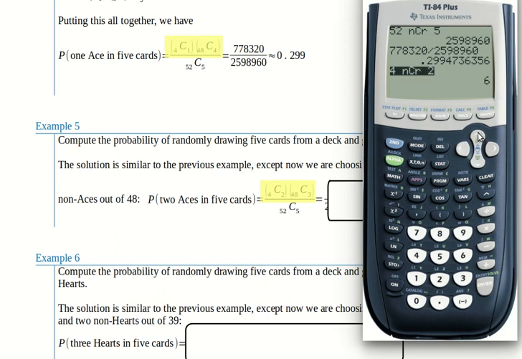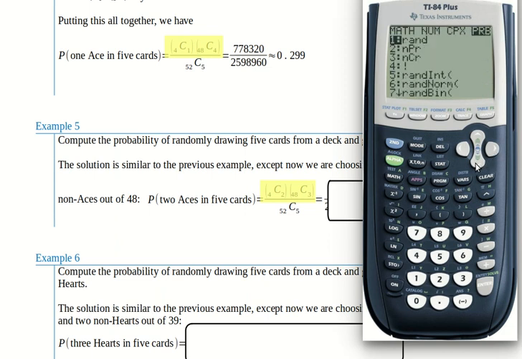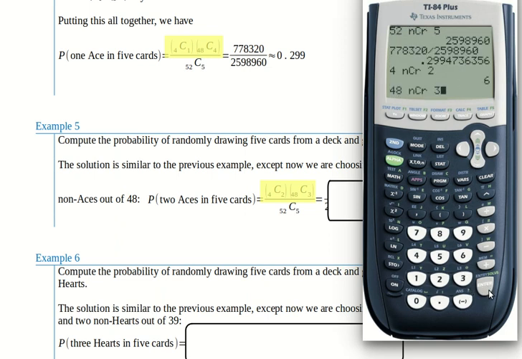I'm now going to arrow up and select that 4 choose 2. I'm going to go back in and press insert after the 4 and make that, oh, I pressed delete instead. Okay, 48, and I'm just going to go to the math menu, over to probability, down to the combinations, 48 choose 3.